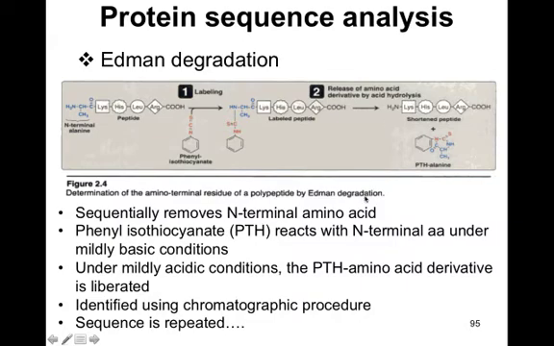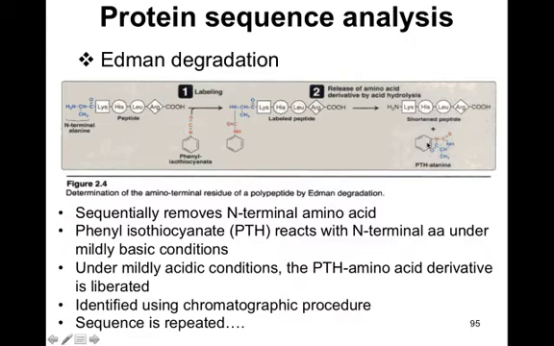This sequence is repeated for the number of amino acids that you have in a particular peptide. So in this peptide, which has 5 amino acids, you would have to repeat this reaction 5 times. Each time, you have a derivative of PTH forming a complex with the amino acid that is getting broken off.